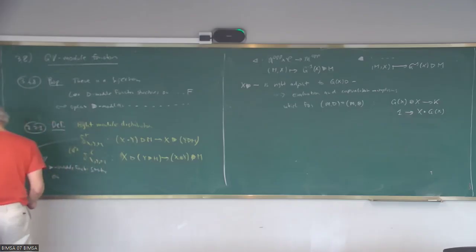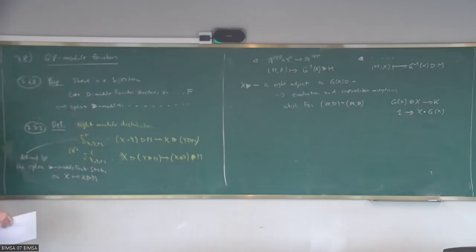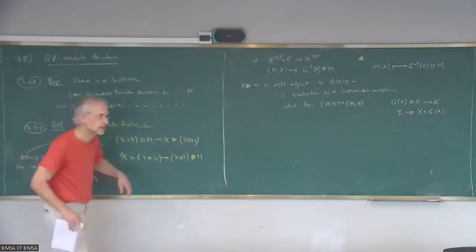on the functor which sends X to X originally acting on M. So this functor, which is a module functor with respect to the original tensor product, turns out to be an Oplax module functor with respect to the other tensor product.